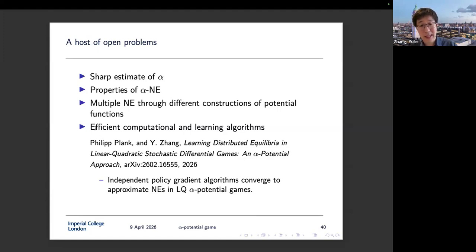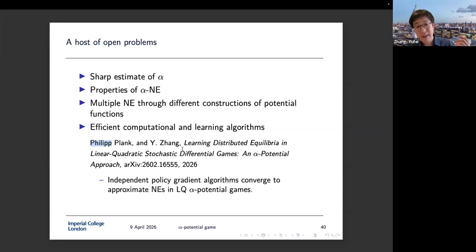Another interesting question is how to leverage the computational advantage of this alpha potential function to design algorithms to solve the corresponding games. In a recent paper with my PhD student Philip, we take a first step in this area.